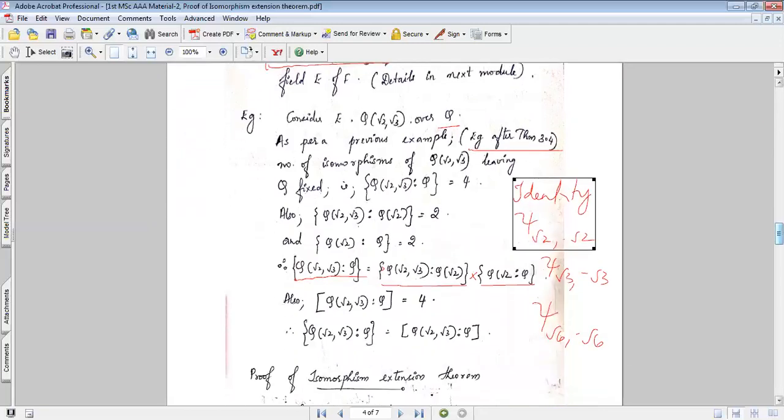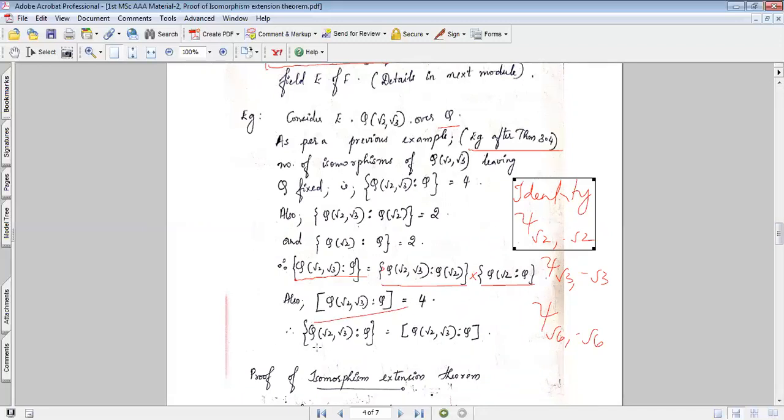Now, in the previous module we also saw that, considering Q(√2, √3) as a vector space over Q as an extension of Q, the degree or dimension of Q(√2, √3) over Q is 4, because I think we said that the degree of the irreducible polynomial was 4. So this is also 4.